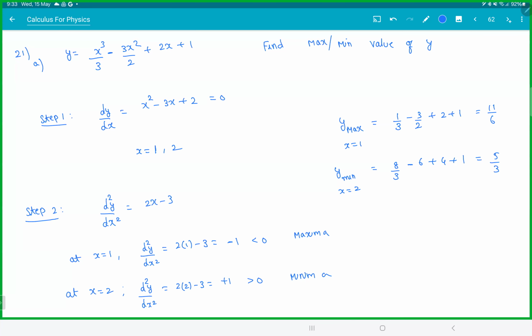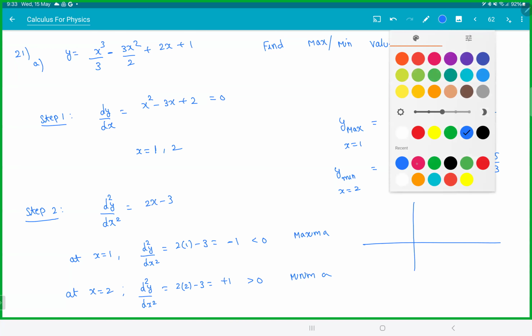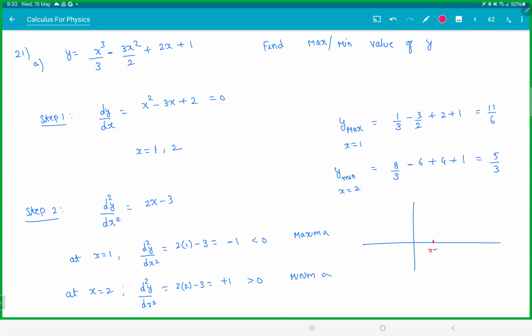Now, how to draw this? It's difficult, it's a cubic function. All that I know is the function will have some maxima, minima. So if I try to draw also, x is equal to 1, x is equal to 2. I know there is a peak here. I know there is a minima here, and this must have gone like this, and this must have gone like something like this.